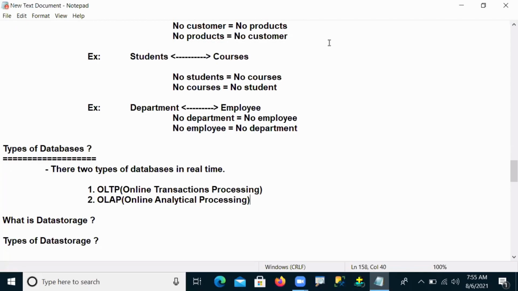This is a very important point we should know. So there are two types: OLTP, online transaction processing, and OLAP, online analytical processing.